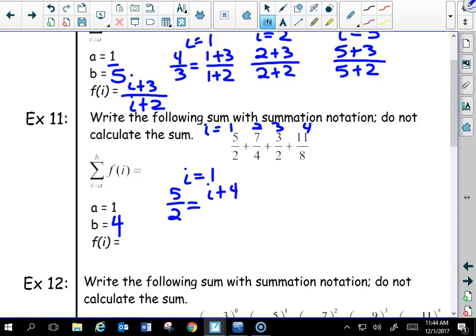But if it's changing by 2, that's going to be a 2I plus, so 2 times 1 plus 1 gives me that 5. So actually it doesn't. We're going up by 2. So multiply 1 by 2, and let's say add 3, I'll get 5.